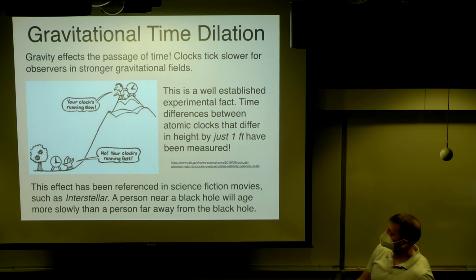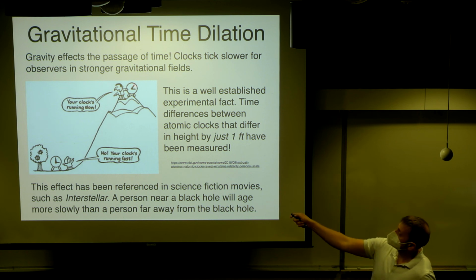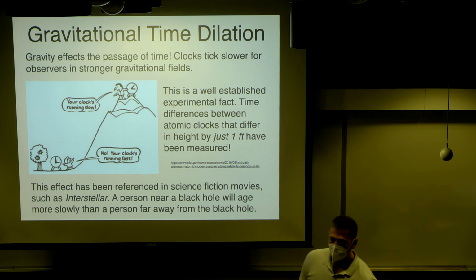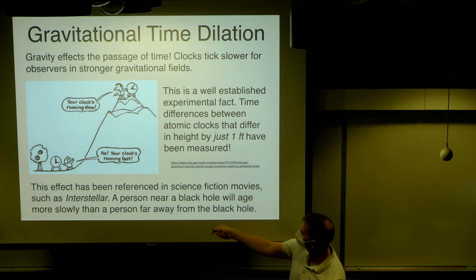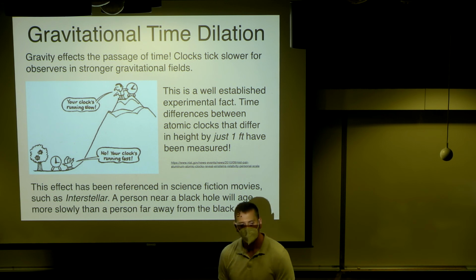So you can basically do this. You can take a really sensitive clock, like an atomic clock that's incredibly precise, and put one down here at sea level. And then you can put another one up here on top of a mountain. And remember, gravity is slightly weaker on top of this mountain compared to at sea level, right?